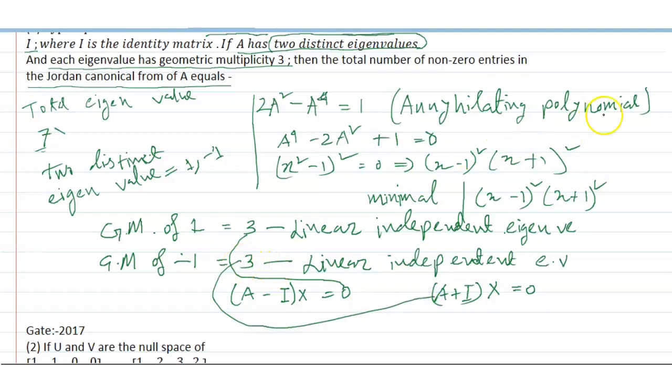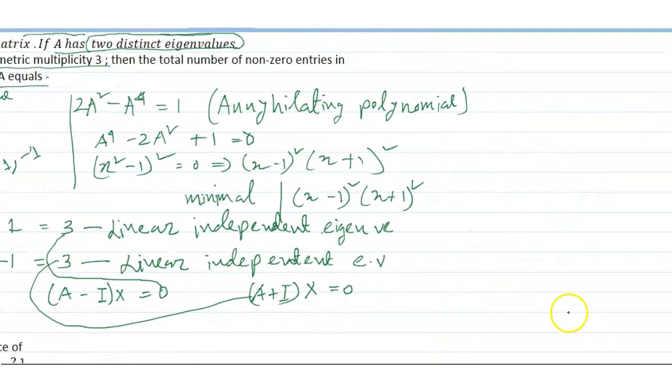You must remember this logic: algebraic multiplicity is greater than or equal to geometric multiplicity.